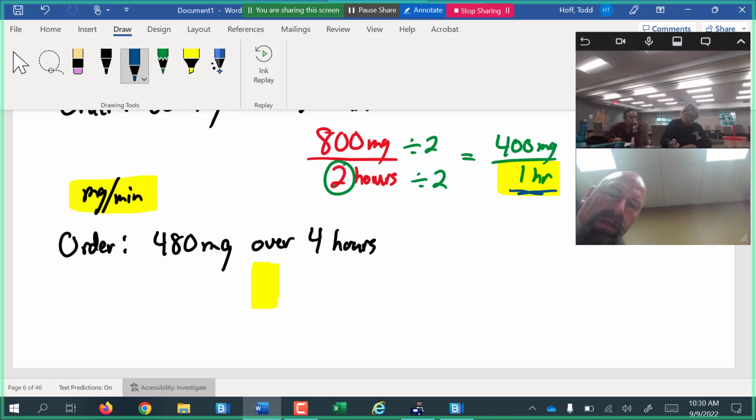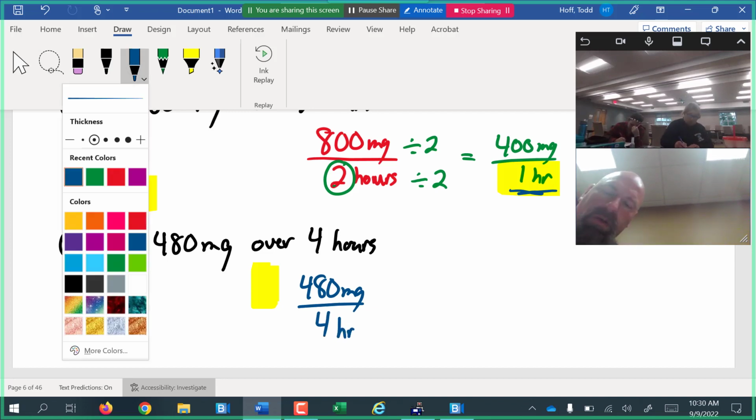We have the 480 milligrams over 4 hours. We want to convert it from hours to minutes.